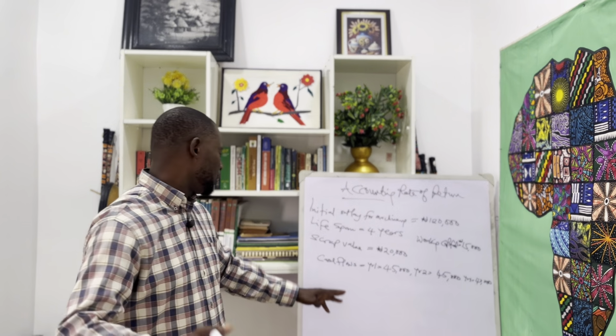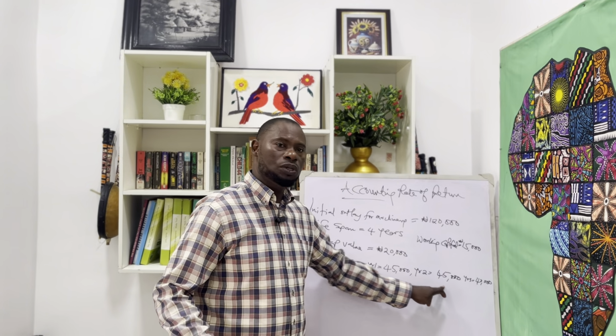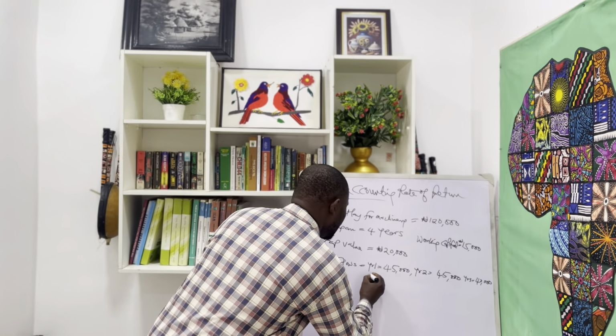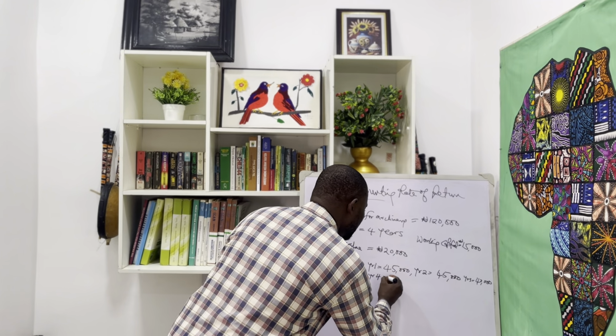I hope you can see the board. So cash flows for year 1 is 45,000. Year 2 is 45,000. Year 3 is 40,000. Good. Now we have year 4, 25,000. Good.